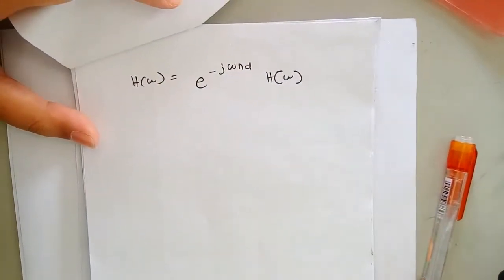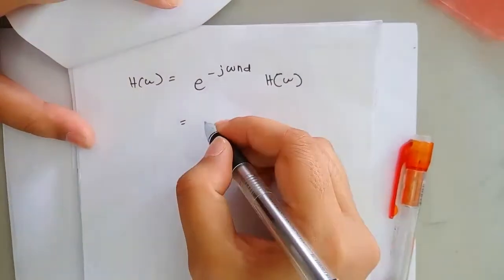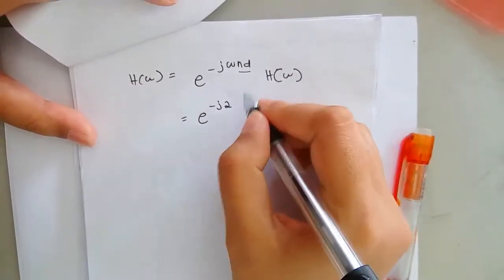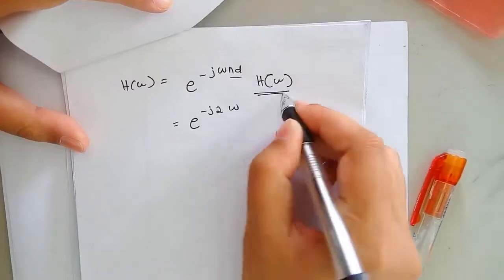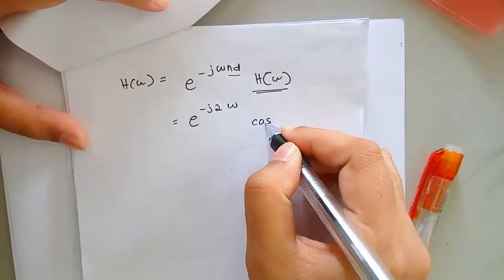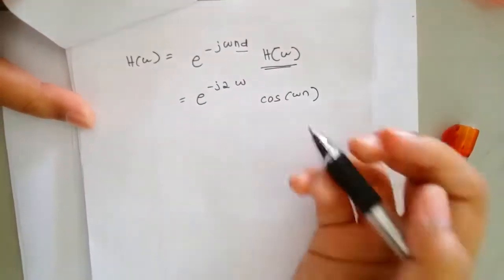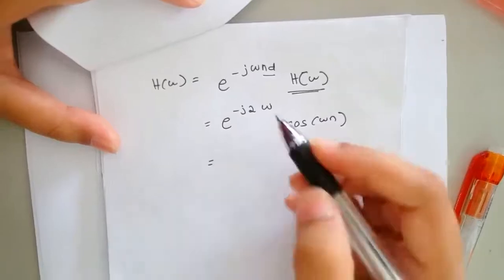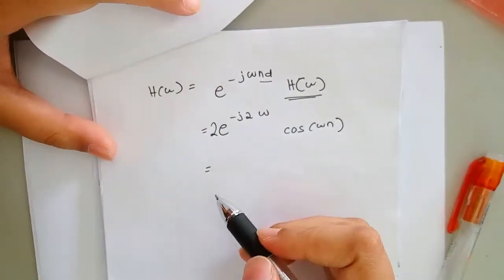Substituting our values into this equation, we get exponential negative j 2 omega, where 2 is n_d, our time delay, and our H naught omega is 2 cos 2 omega.